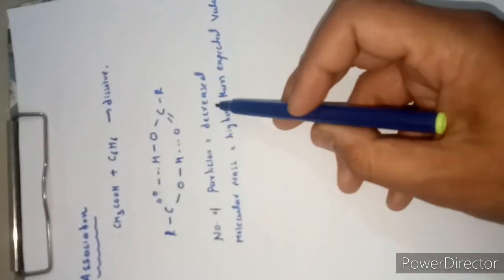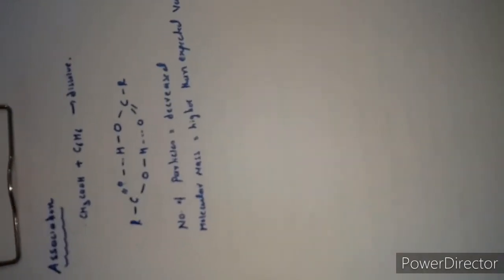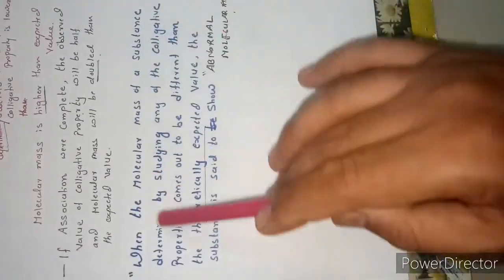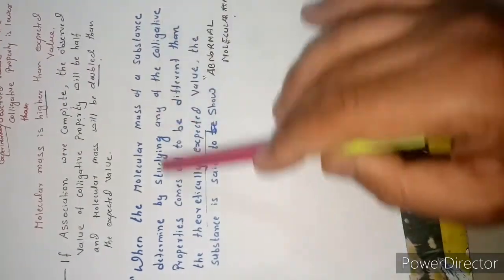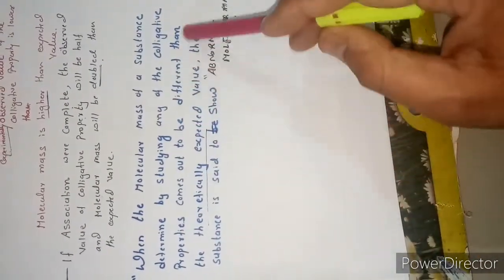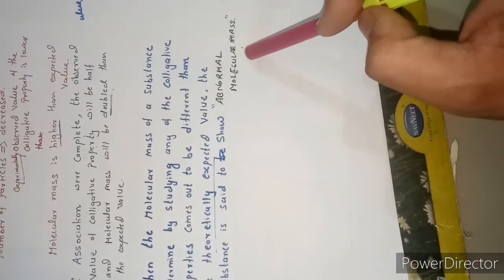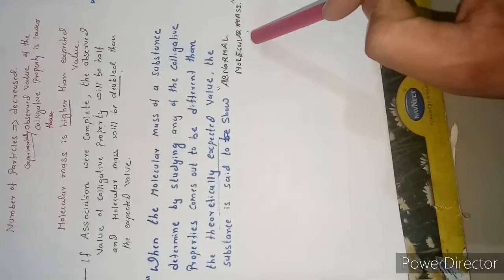So in association we need to keep in mind that the particles are decreased, whereas the molecular mass will be higher than the expected value. And in dissociation the number of particles is doubled, whereas the molecular mass is half of the expected value. So you can see that when the molecular mass of a substance determined by studying any of the colligative properties comes out to be different than the theoretical expected value, the substance is said to have abnormal molecular masses. Is that clear, children?